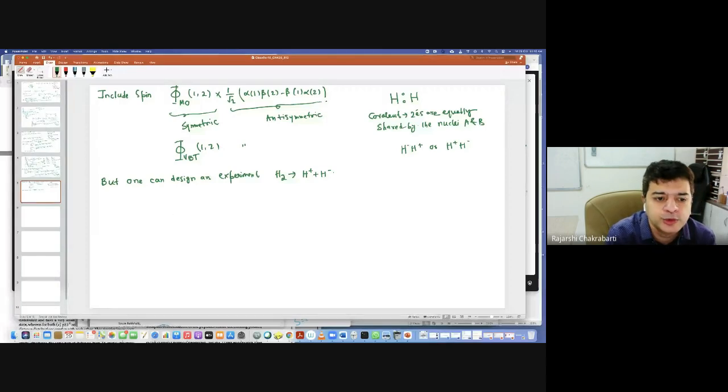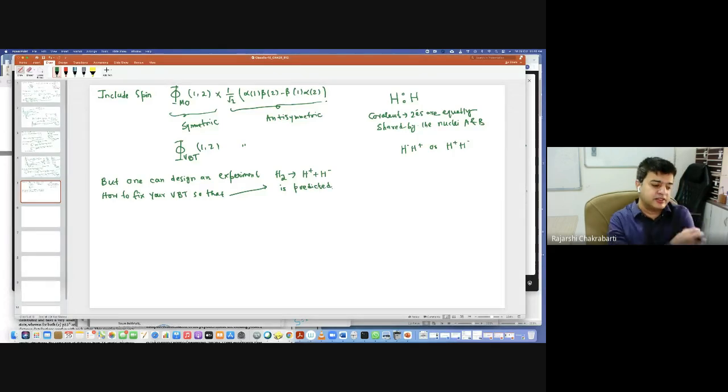Then how to fix your VBT so that this limit is predicted? Any suggestion?